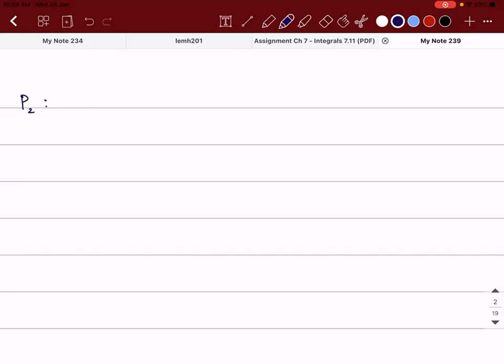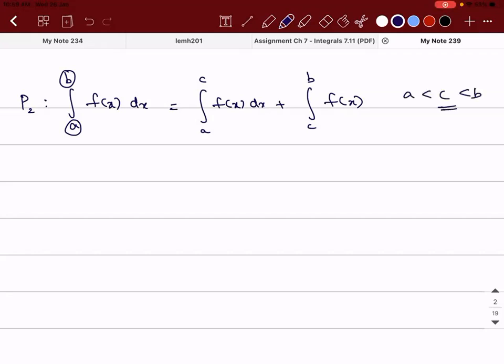That is, integral of a to b f of x dx will be equal to integral of a to c f of x dx plus integral of c to b f of x dx. Means you are breaking the interval A to B into two other parts, that is A to C and C to B, where C is a point in A and B.